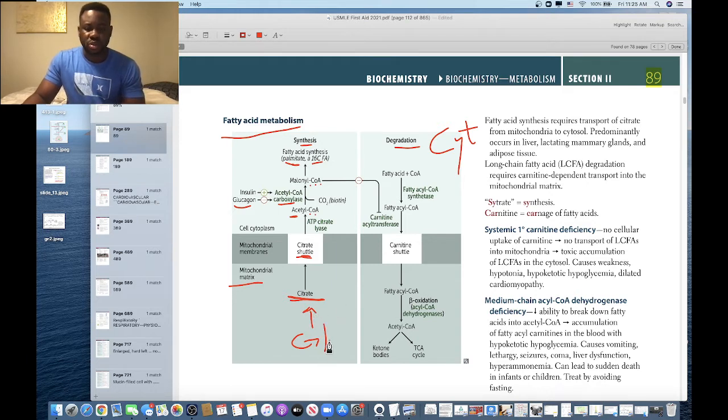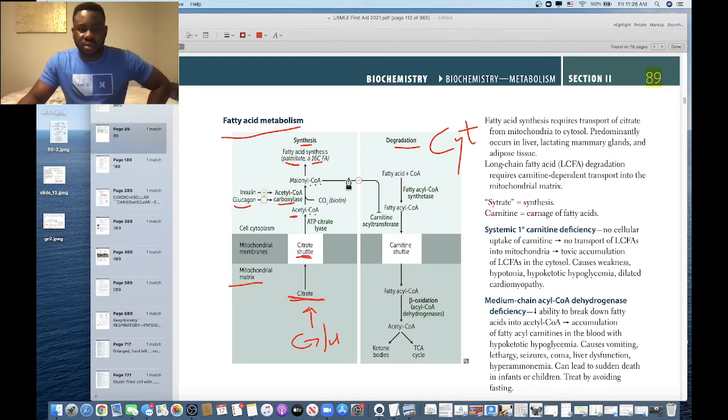So this is glucose over here, glucose making citrate, then citrate leaks out of the mitochondria into the cytoplasm, right? So it's glucose from glycolysis to acetyl-CoA, then finally everything flows down to citrate. Then we shuttle the citrate out to make acetyl-CoA back. Then this acetyl-CoA will be used to make malonyl-CoA and then fatty acid.